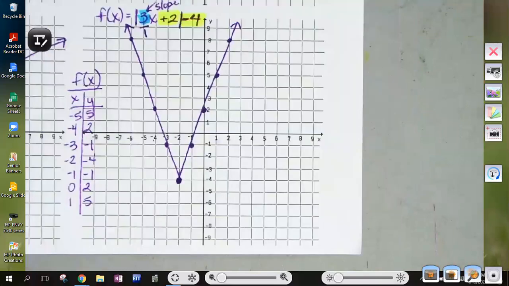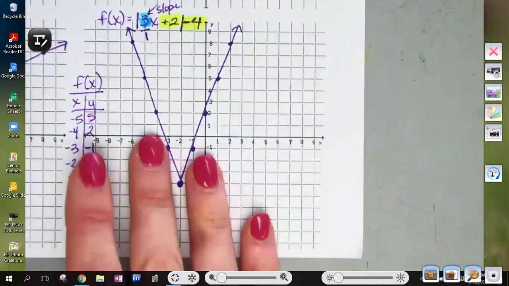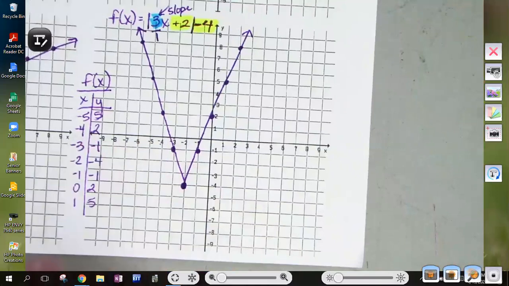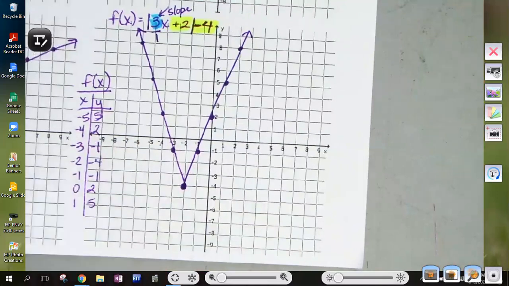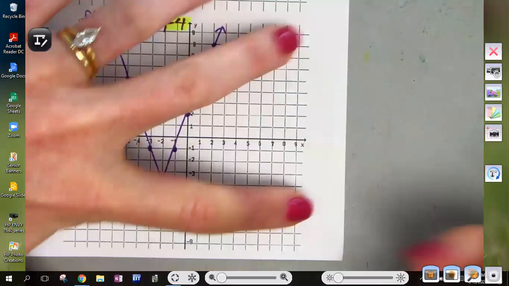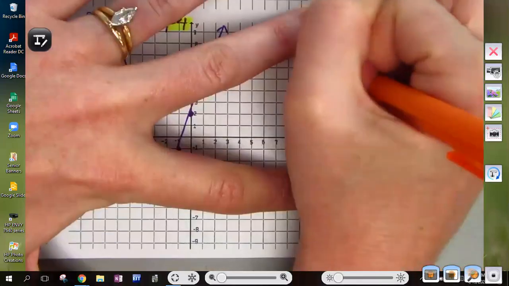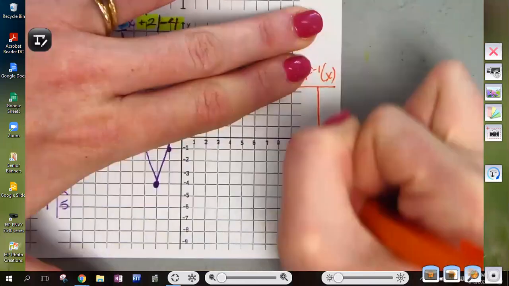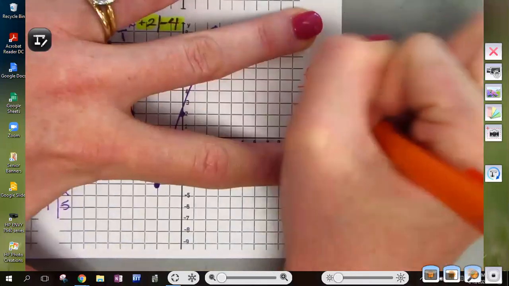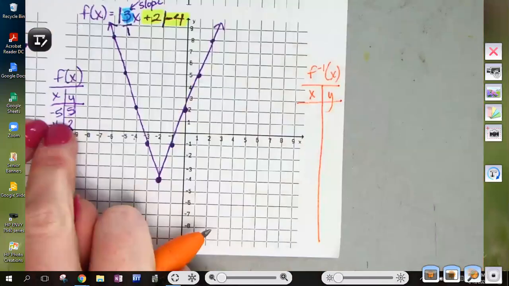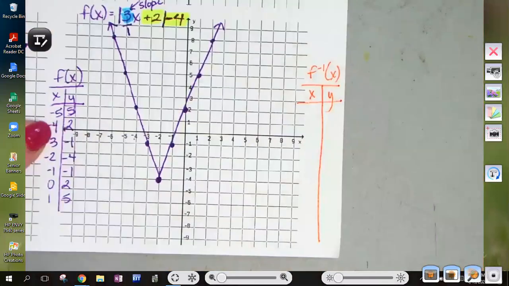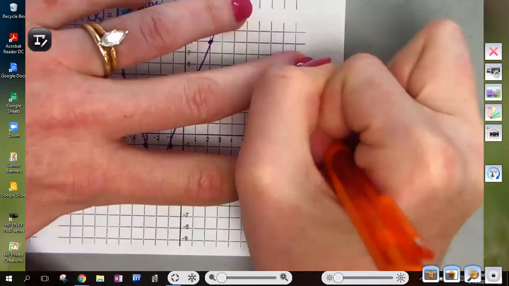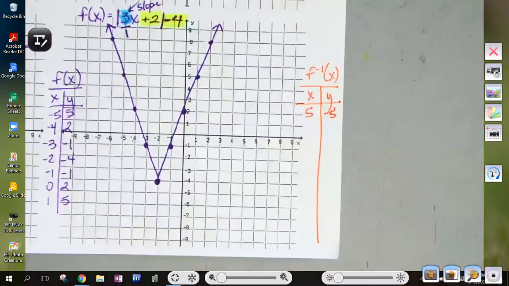Now the easiest way to get the inverse is to just take this table and flip it. Okay, so I'm going to come over here in this little blank space and do the inverse. Here's all my X's and my Y's. So -5, +5 becomes +5, -5. I just switched them, right?